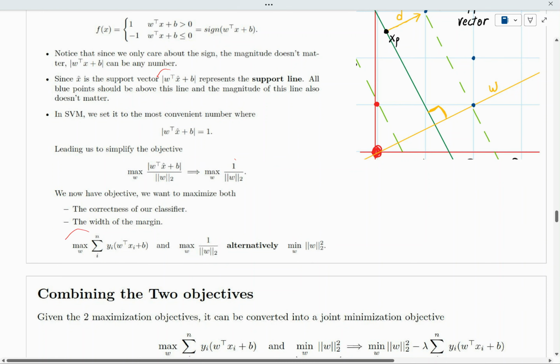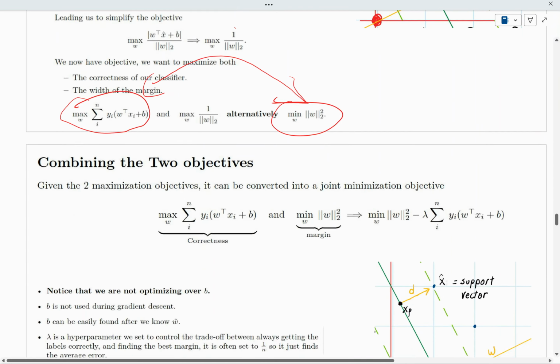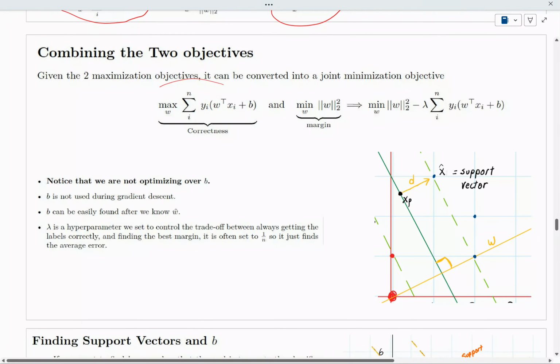So we're trying to maximize this, and we're trying to minimize the inverse of the margin. When we combine these two objectives together, notice we're minimizing this, and we're also minimizing the negative of the correctness. I add the lambda so you can have finer control of how much emphasis you want to put on the correctness. And that's it.